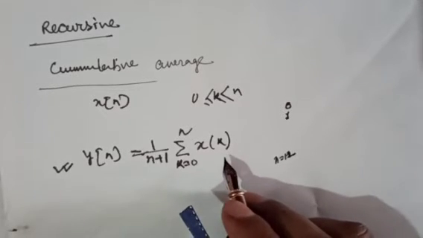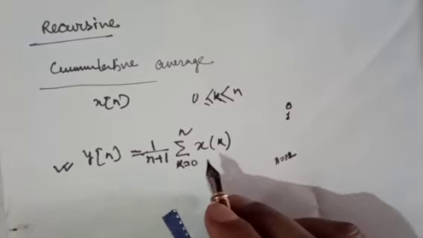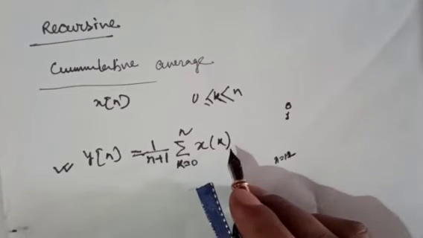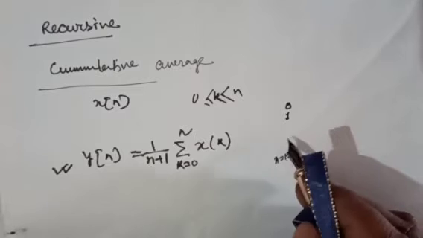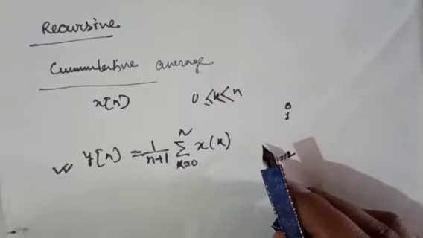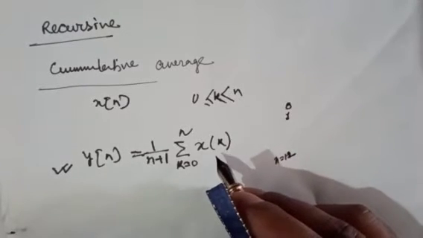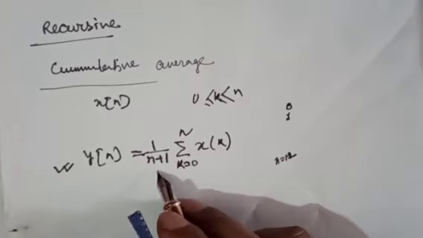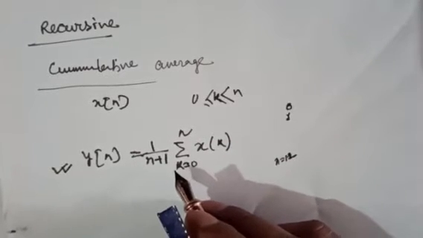That is x(0), x(1), x(2), x(3), then add them up, up till x(11). Then it is the total sum, and if we divide it by 12, it will give you the cumulative average.